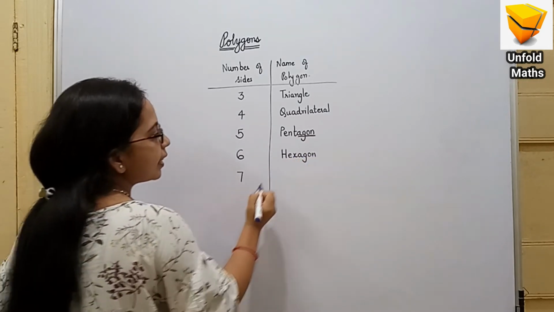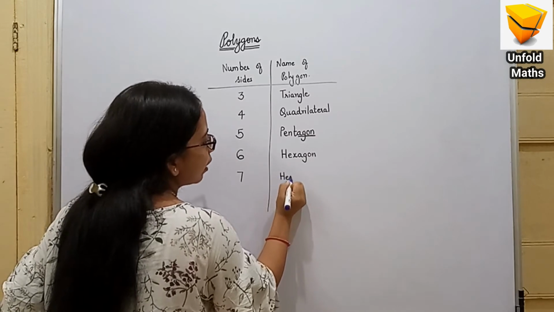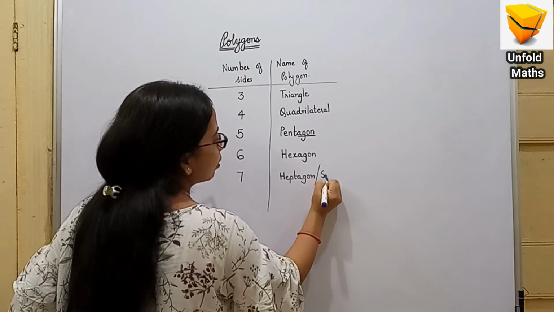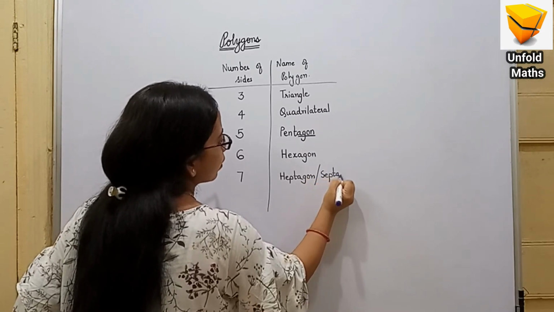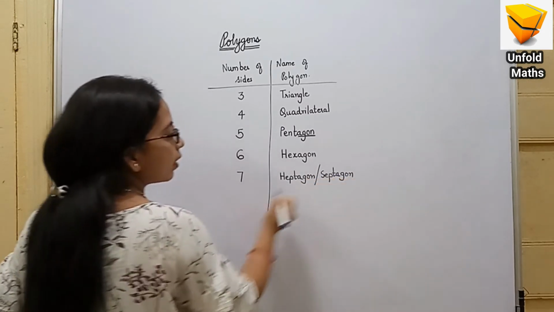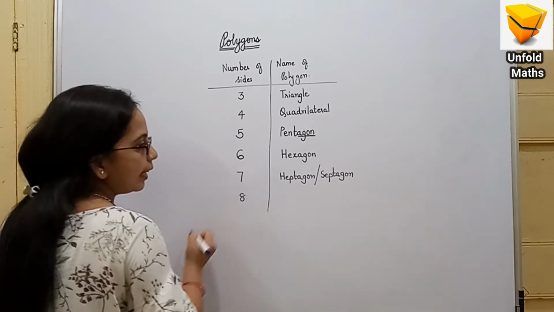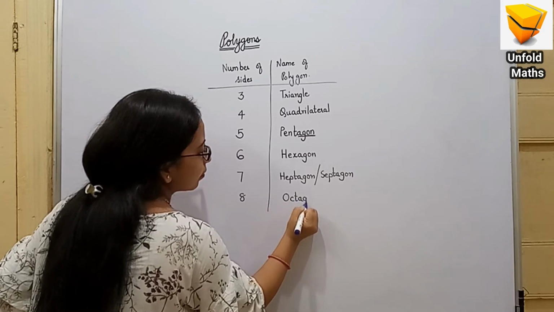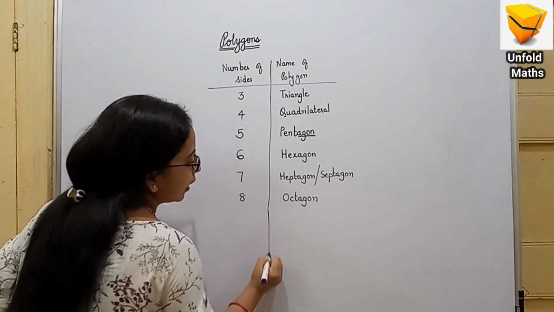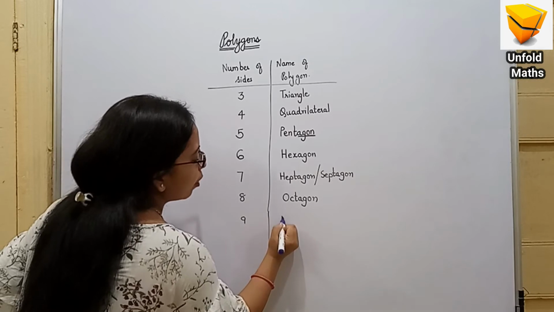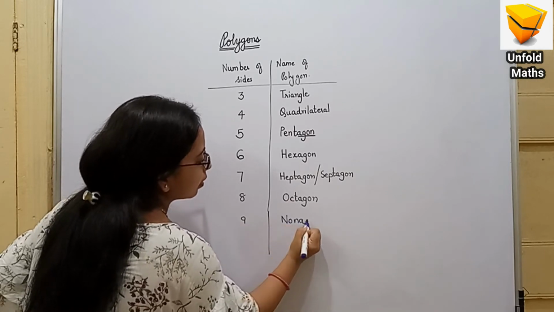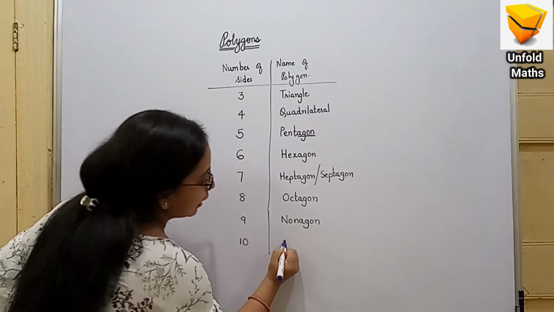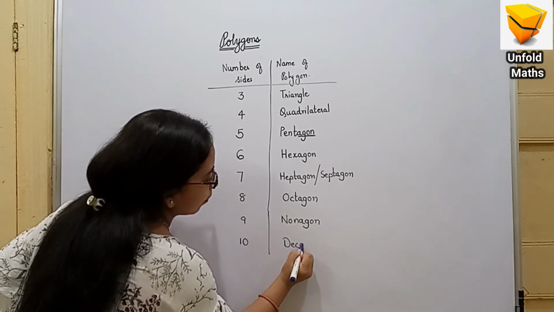A figure with seven sides is called a heptagon, or sometimes it is also called a septagon. A figure with eight sides, octagon. With nine sides, nonagon. And with ten sides, it is a decagon.